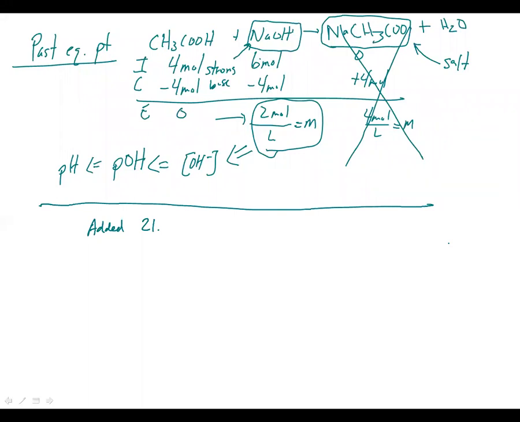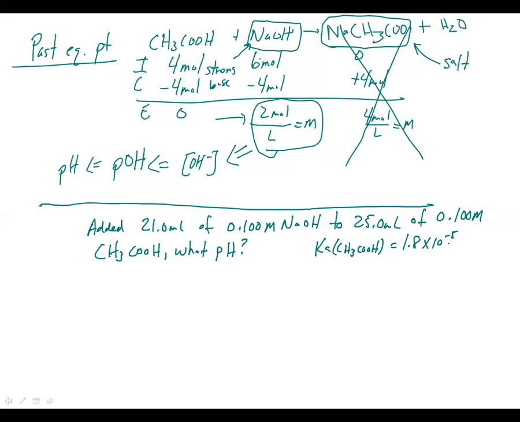What is the pH? So same reaction, Ka value for acetic acid, 1.8 times 10 to the minus 5. So why don't you take a minute or two and calculate that and see what you come up with, and then we'll go over it just to make sure.